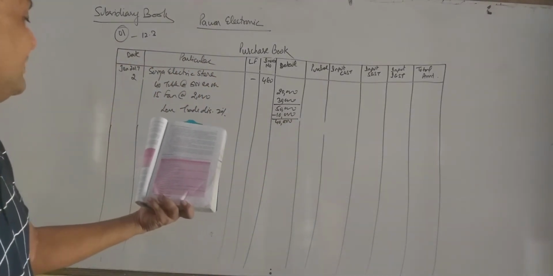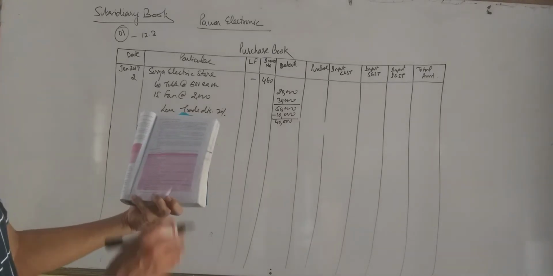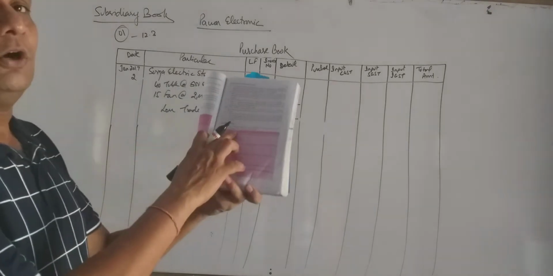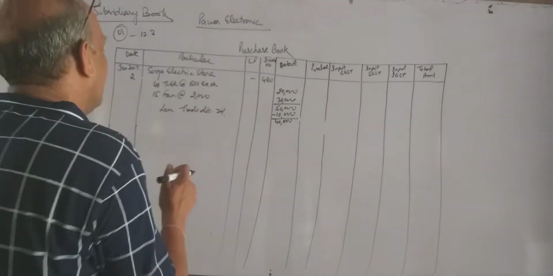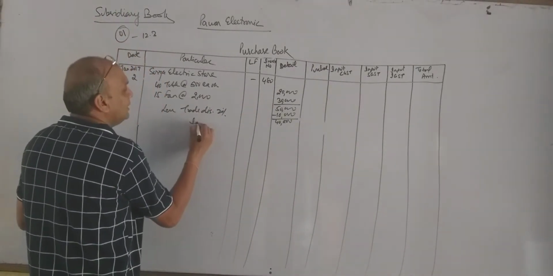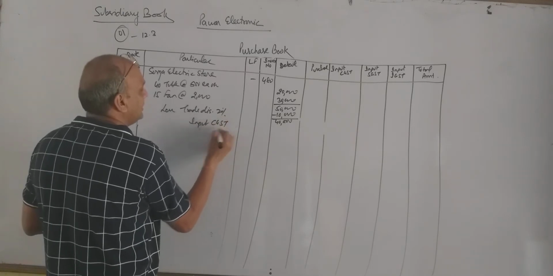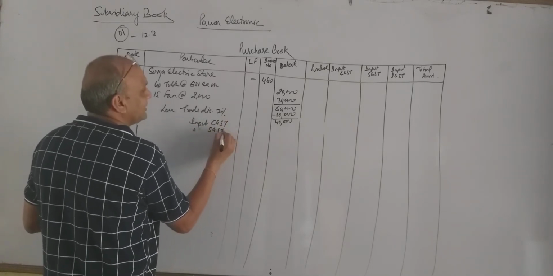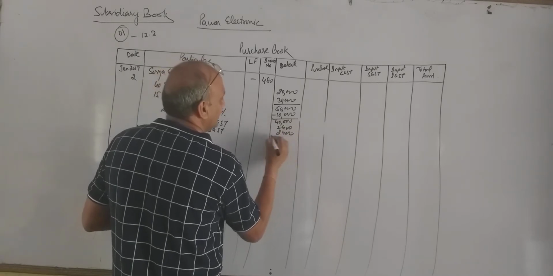Is any kind of GST given in the sum? On the top of the sum it is given CGST 6%, SGST 6%. So here we will add input CGST, input SGST 6%, 2400 and 2400.